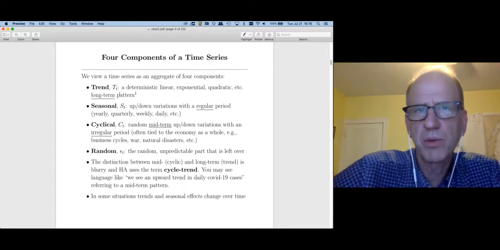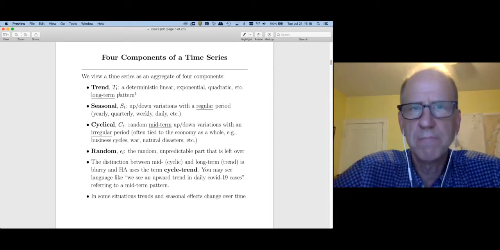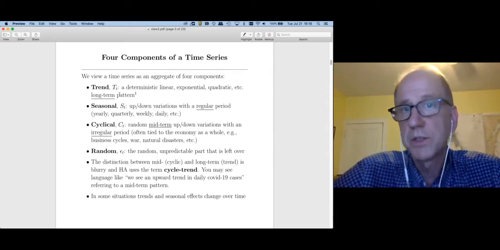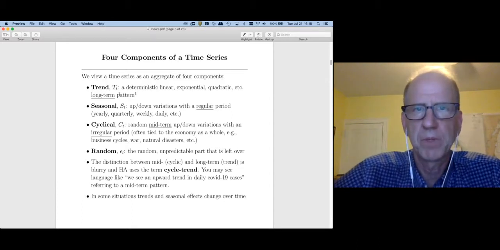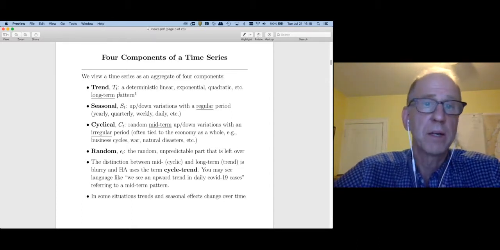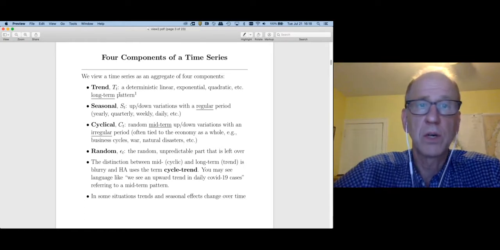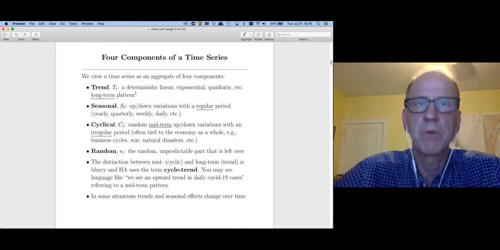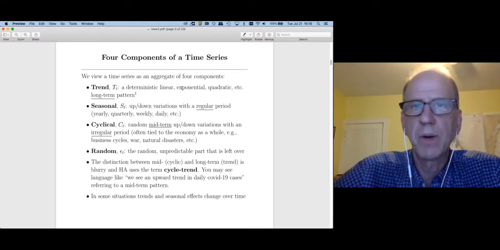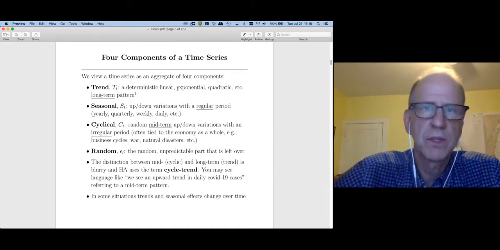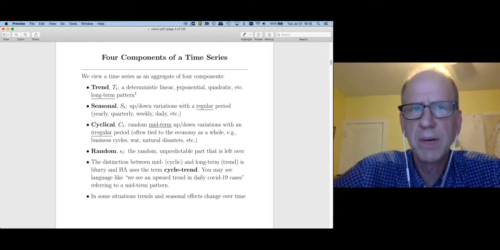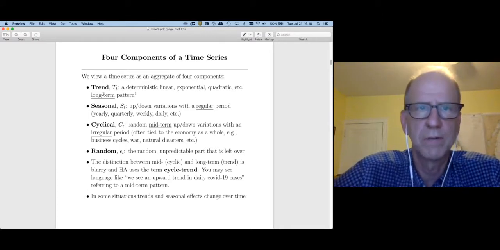What I mean by a trend is some long-term, and long-term is really key here, deterministic pattern. So if my sales are going up following a line over time, that would be called a linear trend. Likewise, if it's an exponential curve that's increasing, that would be a trend. So the key thing about trends is they are long-term.